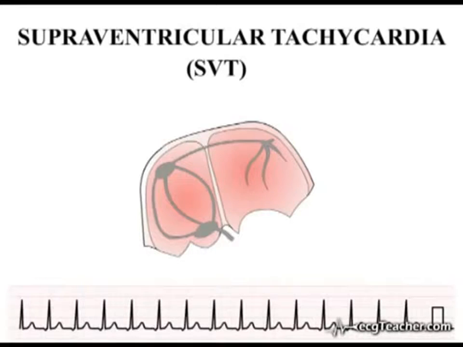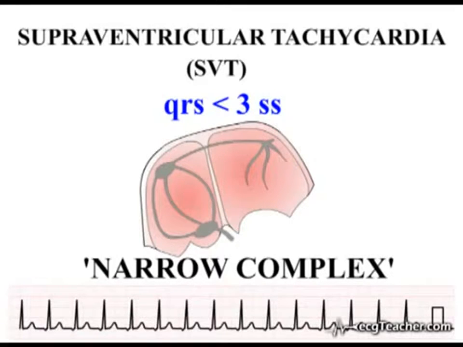In this case, as the depolarization wave generated must enter the ventricles via the AV node and therefore the ventricular conducting system, a tachyarrhythmia arising from anywhere in this region is usually associated with QRS complexes of normal duration, a so-called narrow complex tachycardia.